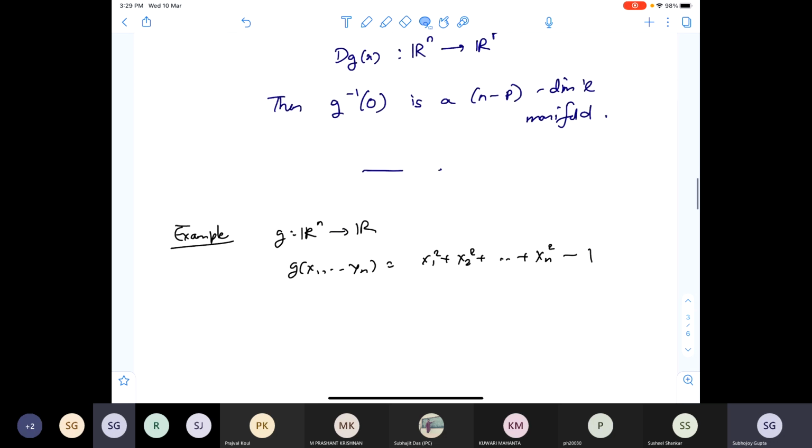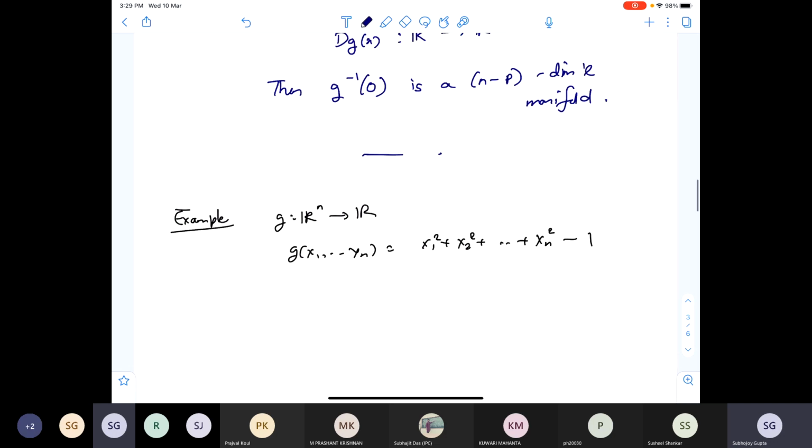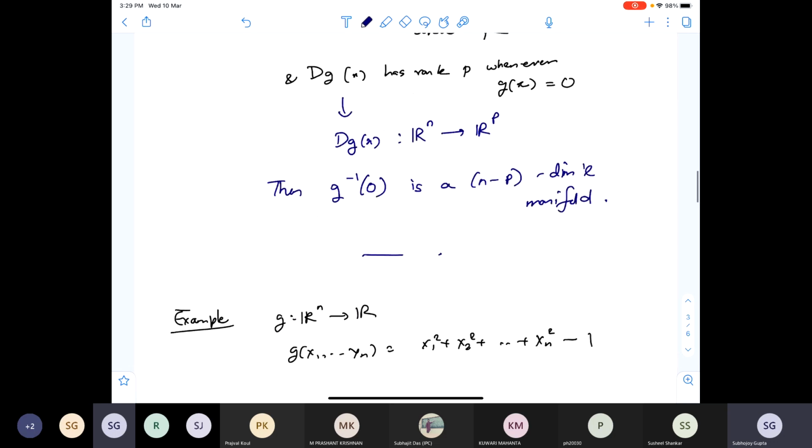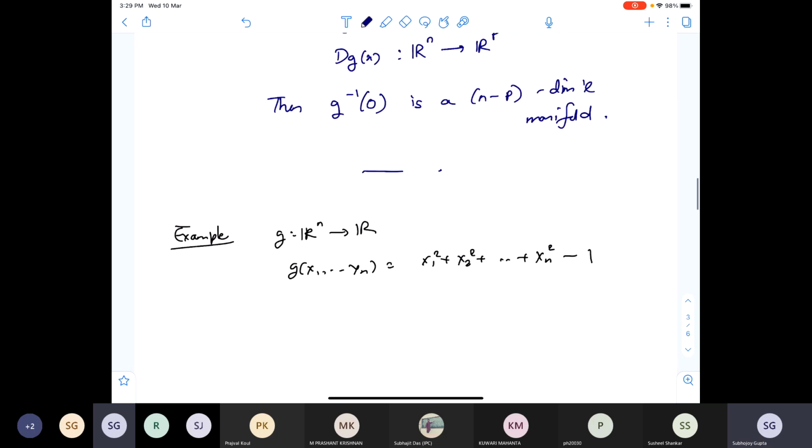So this is an example. Suppose you start with a function g and you look at this function. It's easy to check that it satisfies our condition. Here the derivative needs to only have rank 1, right? And what's the derivative?